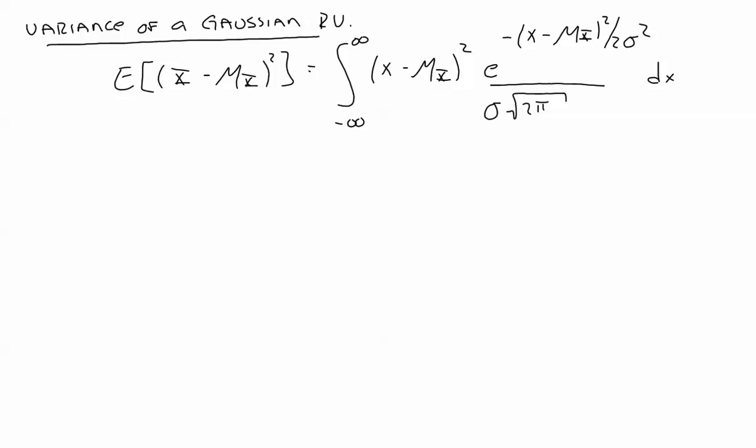That's how I would calculate my second central moment. My function of x is x minus mu of x squared. This is my function right here.